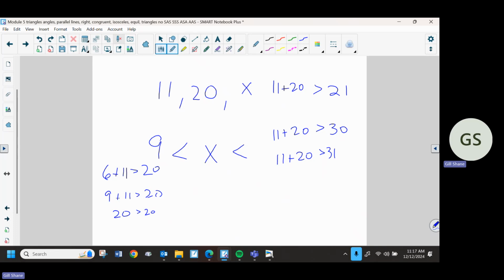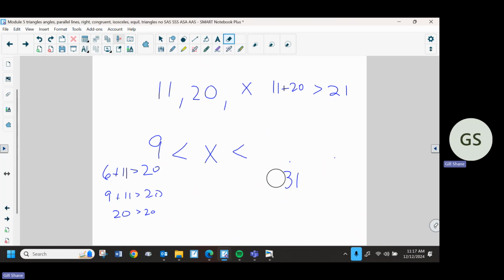So if I just make this a tiny bit smaller than 31, then these would work. So X has to stay less than that 31. So again, you can go through that whole process and you'll always get the right answers if you understand how that threshold works.